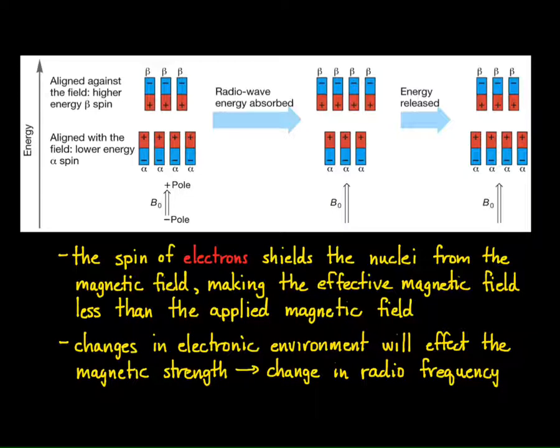So in reality, our instrument actually pulses at a variety of radio frequencies to account for that. And we can determine what those radio frequencies are. And so that's what we're measuring in the NMR spectrum. We're measuring those variations in radio frequency.